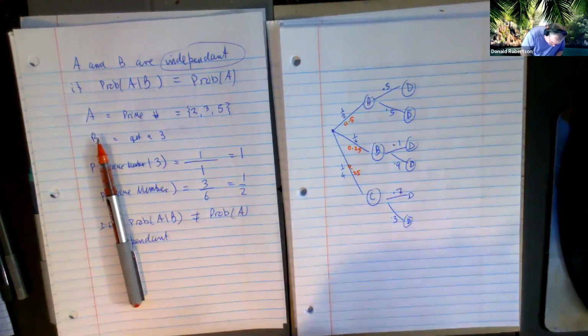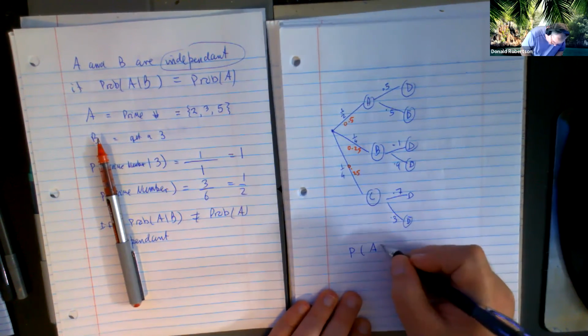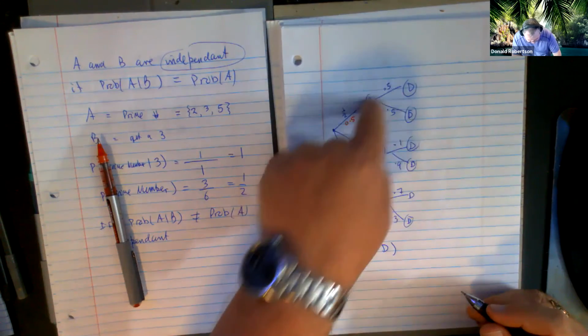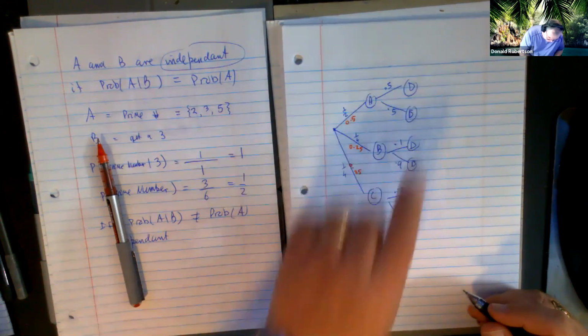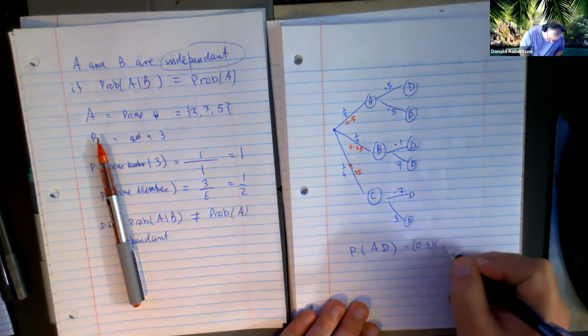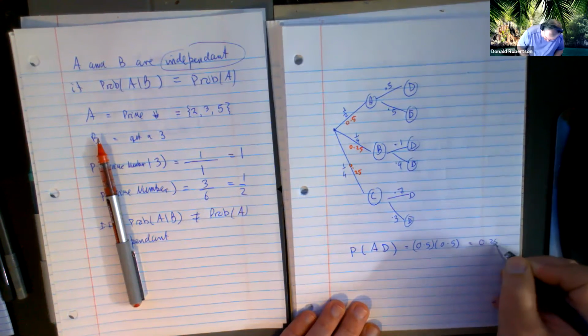Now, if I went and said to you, what's the probability you get an A and then you get a D? Then it's this pathway here. See the one? And that would be 0.5 times a 0.5. And that answer would be 0.25.